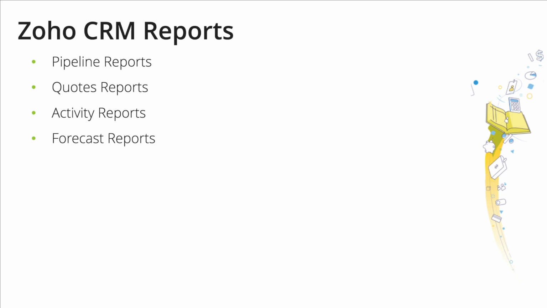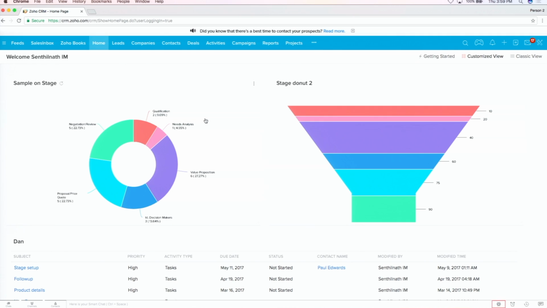So let's log into a CRM instance, a simple dashboard, a sample on stages as to how many of the stages that you have are in proposal stage versus negotiation or review stage, qualification stage, and what does your pipeline look like, right?